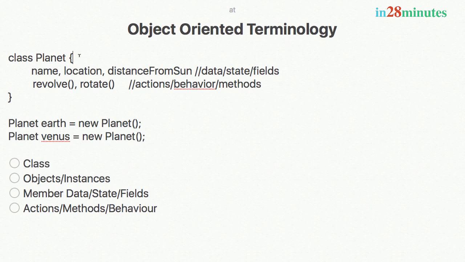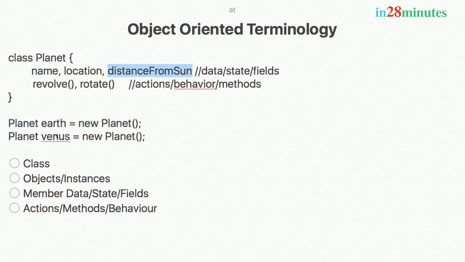Let's consider this example, right? So we have a planet class and we are creating 2 instances, Earth and Venus. You can have other instances as well, Mars, Jupiter. So this is a class which defines that a planet in general will have a name, location, and a distance from the sun. And Earth is a specific instance of that planet, and for Earth, the name is Earth, location is, let's say, specific coordinates of the Earth, and the distance from sun for Earth would have a different value compared to the other instance of planet, Venus.